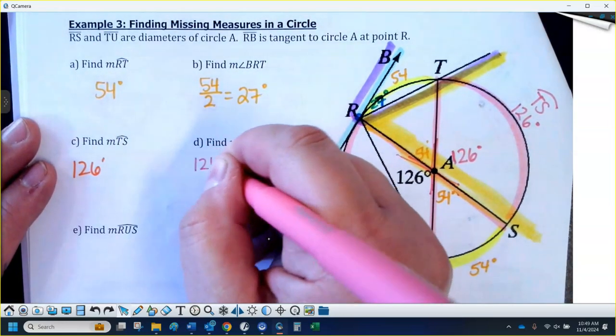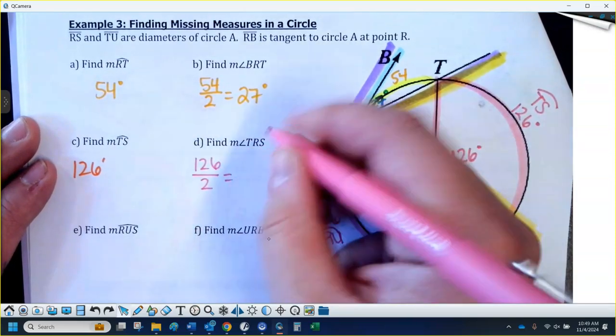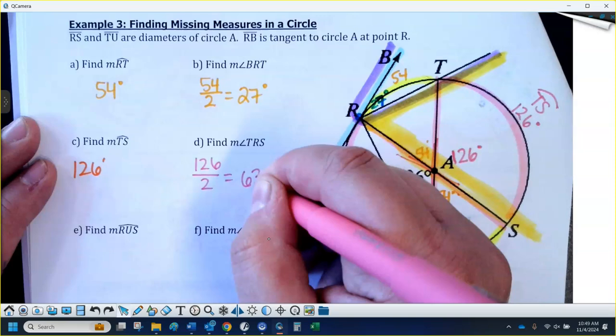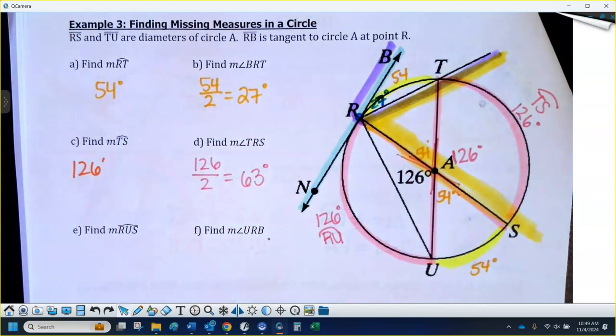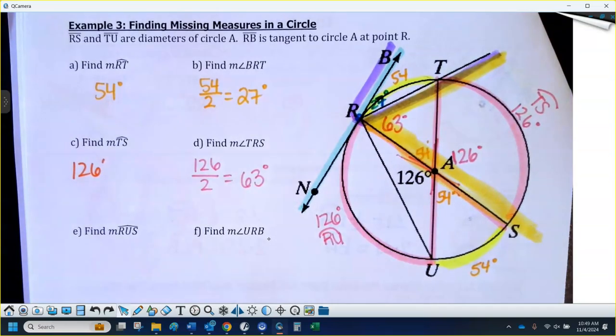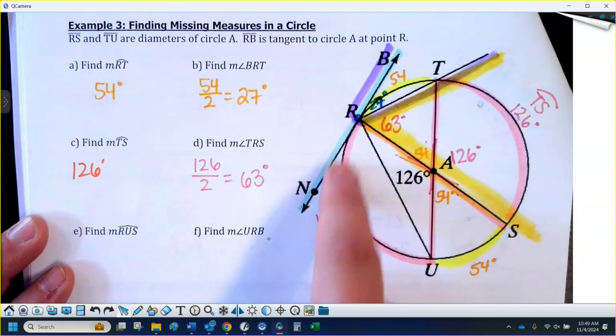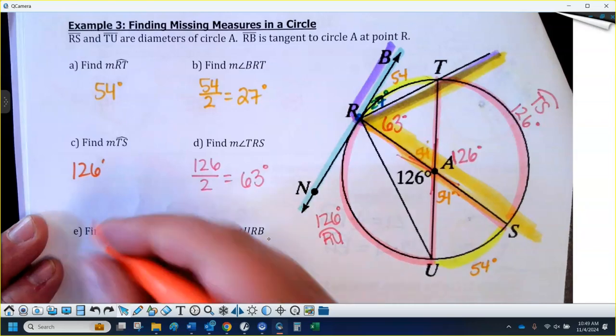So I'm going to take 126 and cut it in half. So that should be 63, which would be in here. This is not a central angle, so it's not the same. If you have an inscribed angle, the vertex is on the circle, you cut the arc in half. All right, RUS is this arc, and it's exactly half the circle, so R to U to S is just 180.